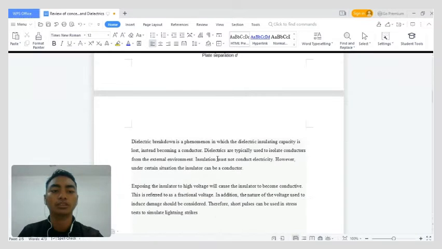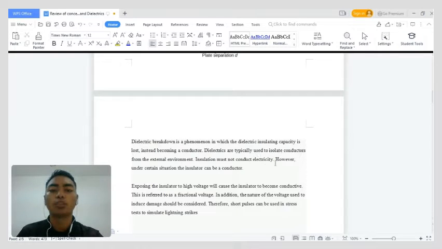Next, dielectric breakdown is the phenomenon in which the dielectric insulating capacity is lost and it instead becomes a conductor. Dielectrics are typically used to isolate conductors from the external environment.